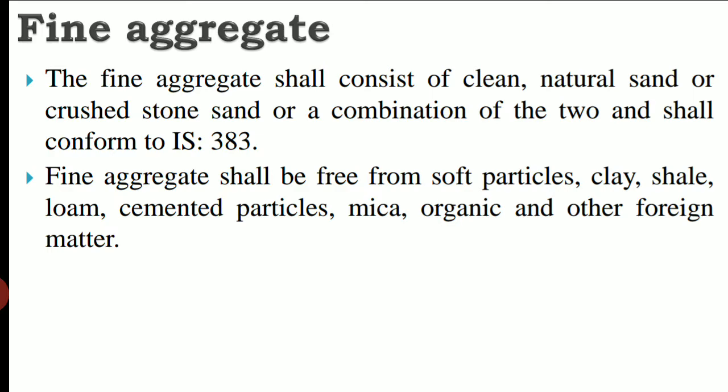Okay, and the fine aggregate shall be free from soft particles, clay, shale, loam, cemented particles, because once it is reacted with water, those chemicals may react and it might lose the property of the concrete. So whatever materials we are using, the same specifications we need to follow, without any foreign materials.